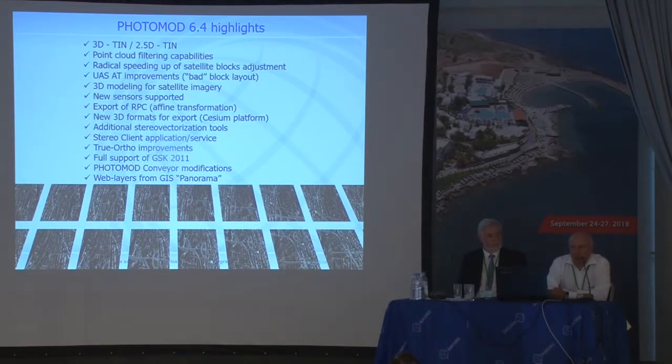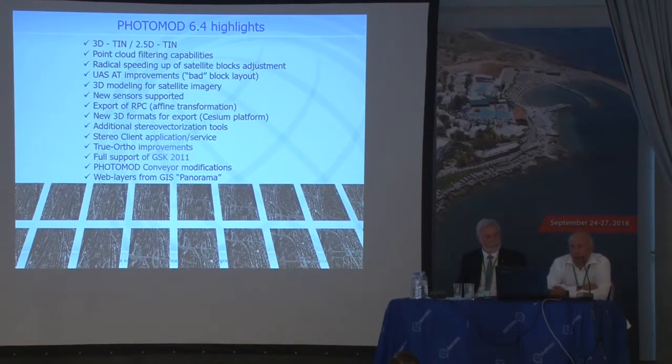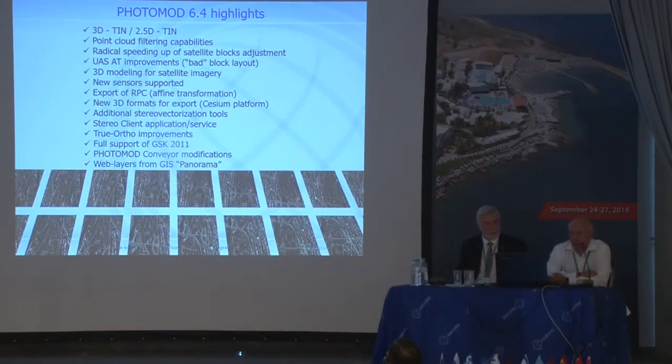The new functions of filtration for point clouds, for the photogrammetric point cloud, radical speeding up of satellite blocks adjustment, UAV improvements, bad block layouts, 3D modeling for satellite imagery, new sensors supported, and export of RPC with affine transformation.